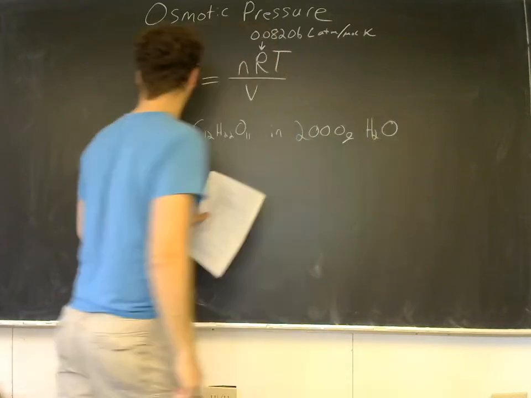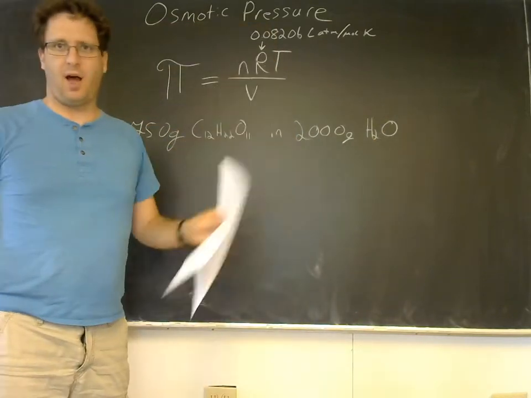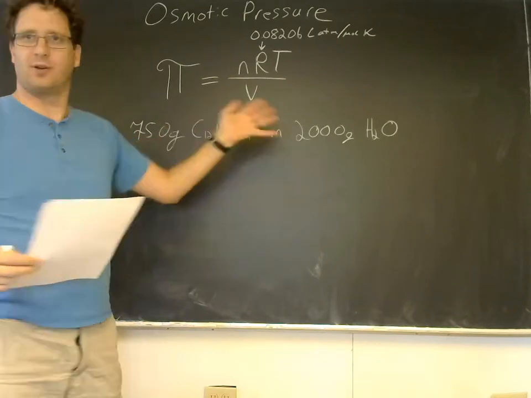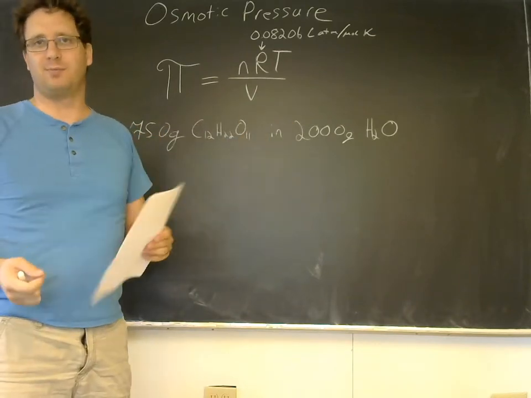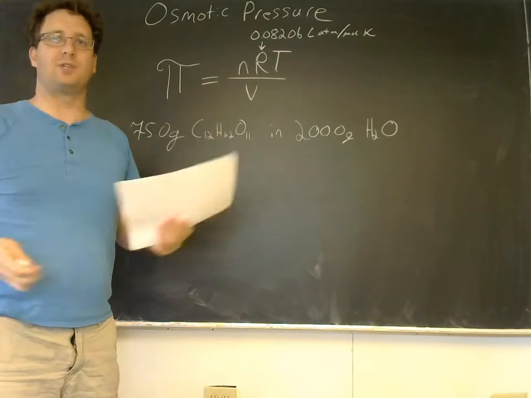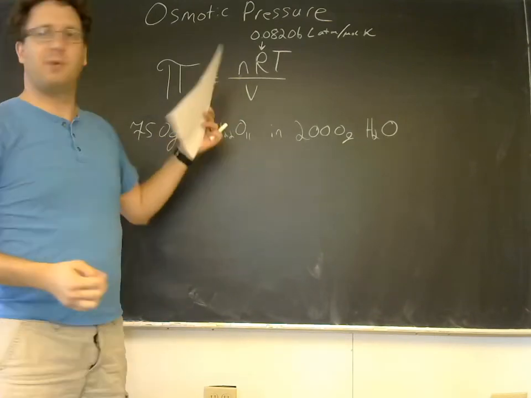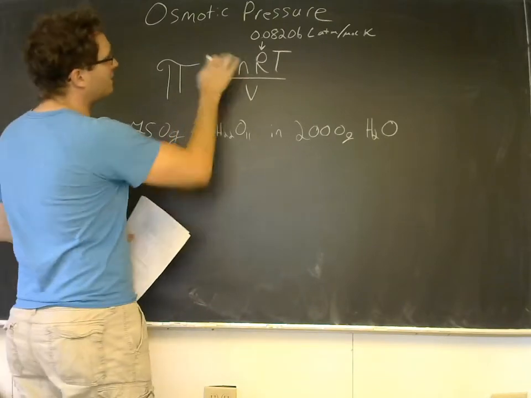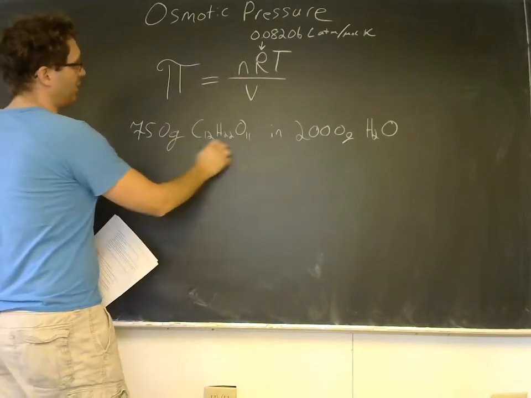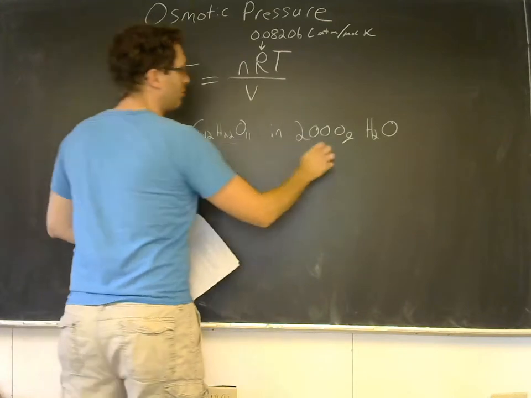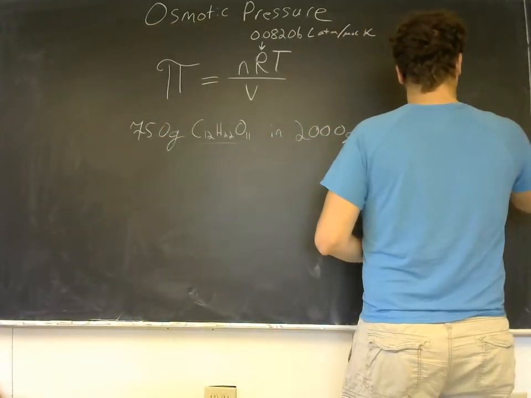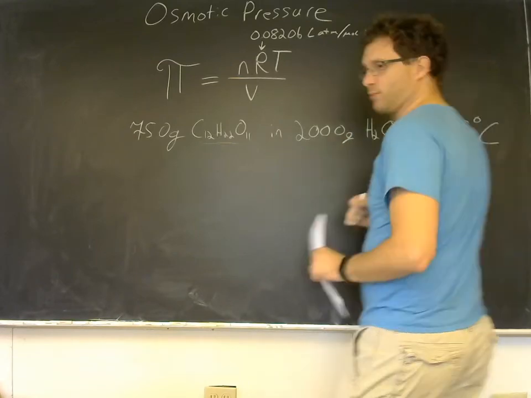Now, that would be a sweet water solution, but it's really not an absurd amount of sugar to put in water. You could easily measure that out, stir it up, and it would dissolve just fine. What would be the osmotic pressure? Well, we need to figure out how many moles of sugar we have, and what would be the volume of the water. Oh, and I need to give you a temperature. Let's just say at 25 degrees Celsius, at room temperature.